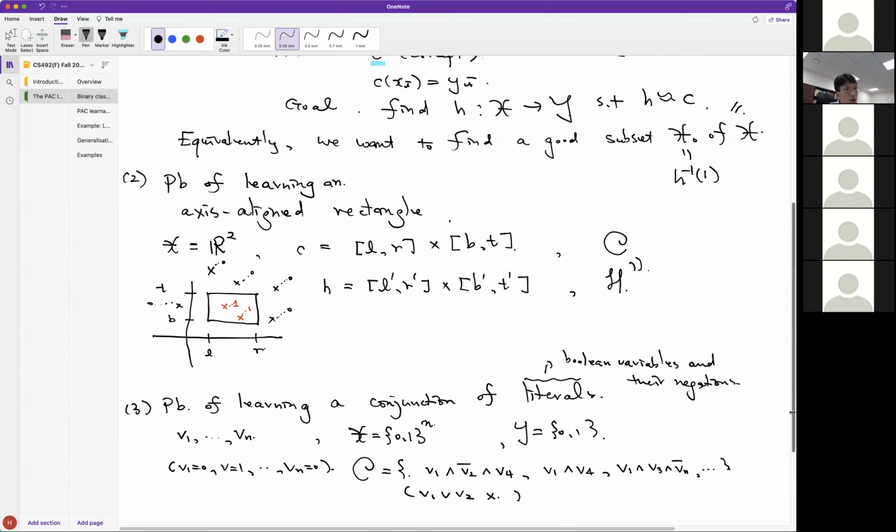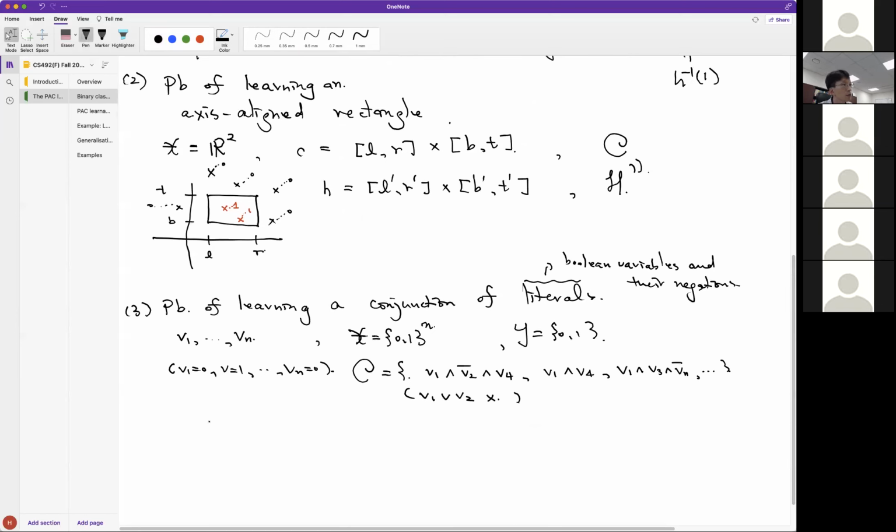Okay. So the question is, there is some hidden concept C, let's say the hidden concept is v1 and not v2 and v4. And let's say n is equal to 4, to make it a bit simple. Then we are given a bunch of examples.